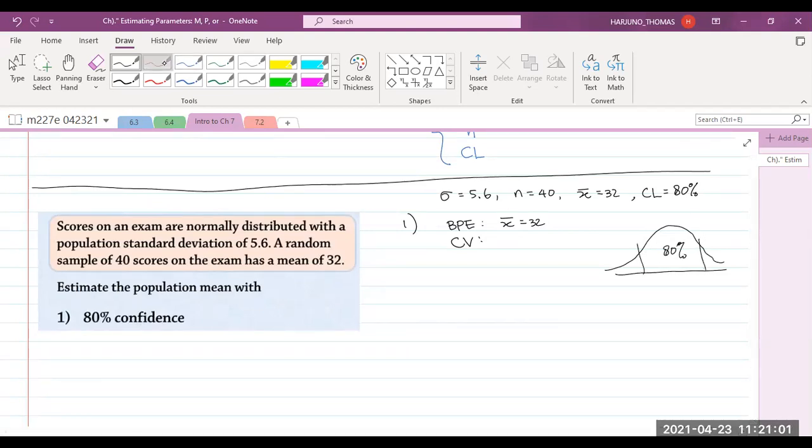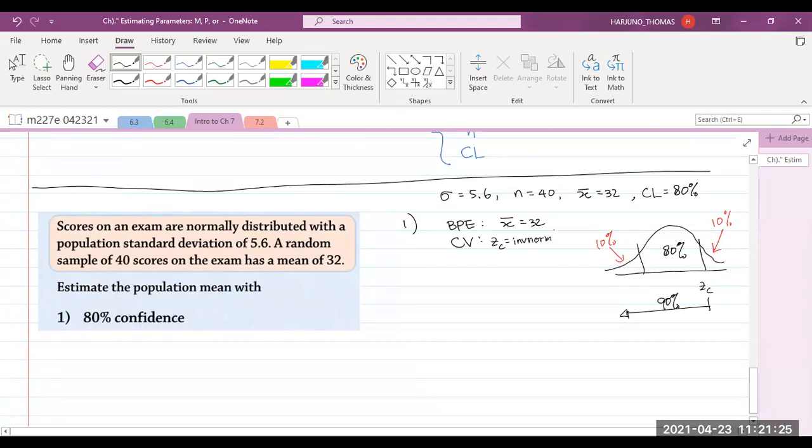The remaining 20% is shared by two tails such that the area in the left tail is 10% and the area in the right tail is also 10%. Now the critical value here has area to the left 90%, right? So the critical value is inverse norm 0.9001.